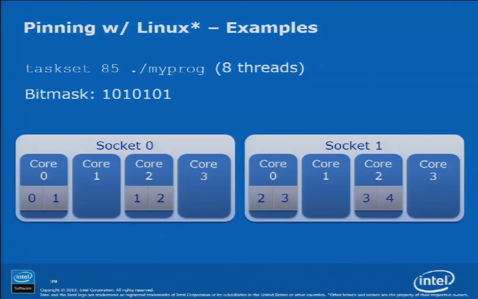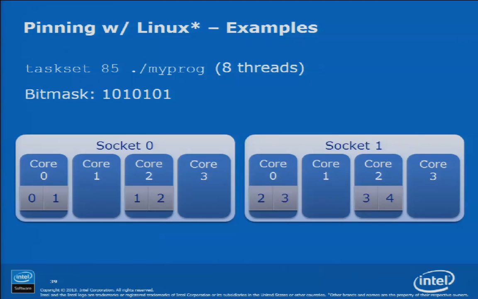Right? Because you only allow the operating system to execute threads of your application process on those 4 cores, and it will stick to it. And if you create more threads than you have cores allowed, you will end up with half the performance. Right? Because you essentially forbid the operating system to move that thread over here. Okay?